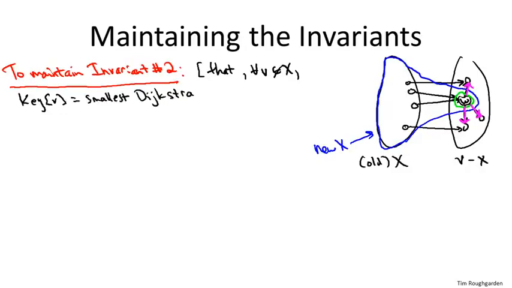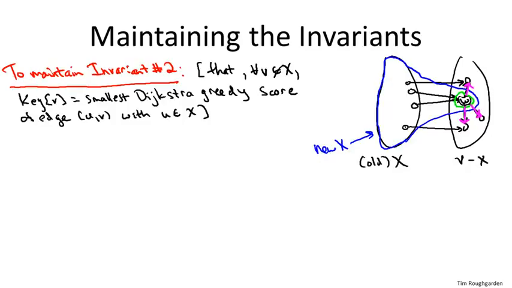As a result, the appropriate key value for vertices in the heap might be smaller now that W has been moved into X. And the candidates for the vertices in the heap whose keys might have dropped are precisely those vertices on the other end of edges sticking out of W.